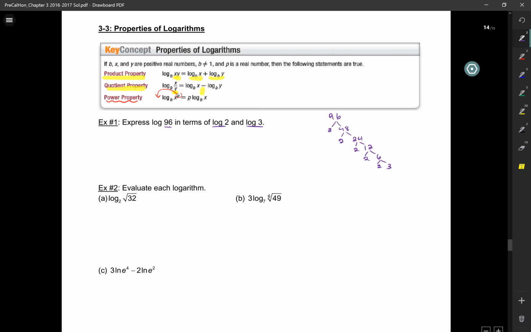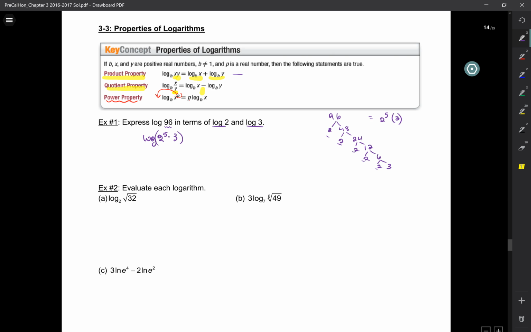Well, what do you notice? You have 1, 2, 3, 4, 5 2's. So 96 then is 2 to the 5 times 3. So why don't we first rewrite that? This is log of 2 to the 5 times 3. All right, well, now what?